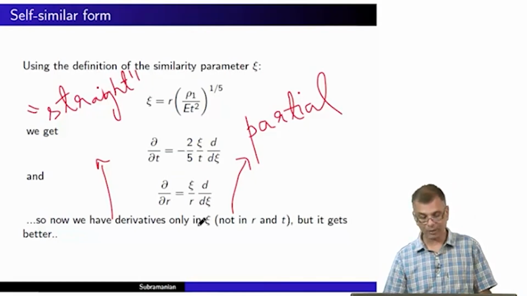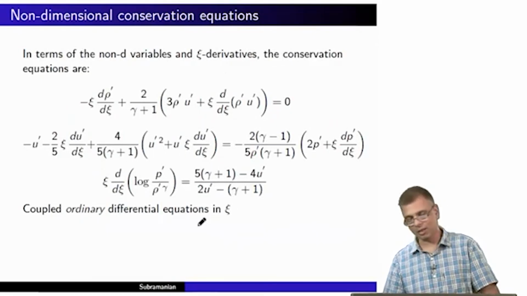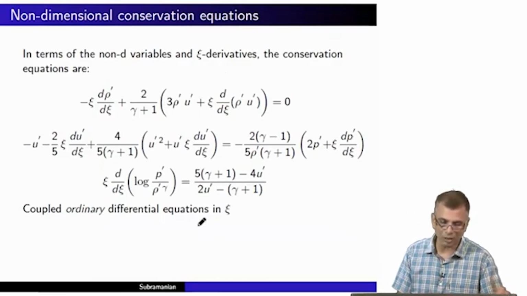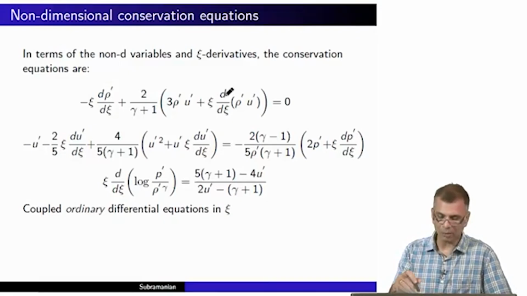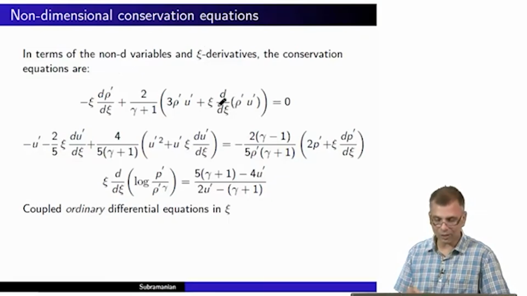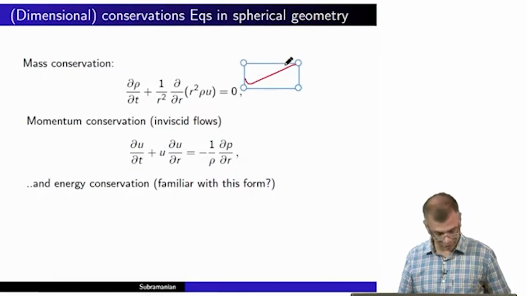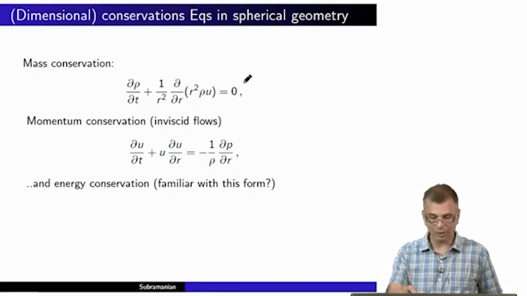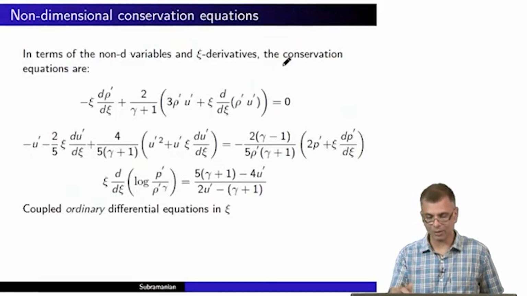But it gets better. In terms of these non-dimensional variables, rho prime, u prime, and so on and so forth, and these straight derivatives, the conservation equations are, so this mass conservation equation, this guy essentially translates to this.